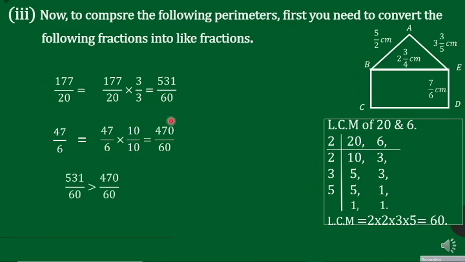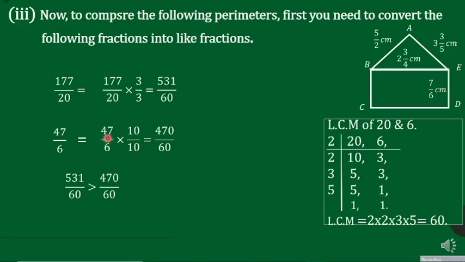Okay, so we can see that 531 is greater than 470, obviously. Yes or no? Yes, 531 is greater than 470. Why are we saying this? Because in this condition our denominators are the same, but in the previous condition the denominators were not the same, so it is quite difficult to say which fraction is greater.